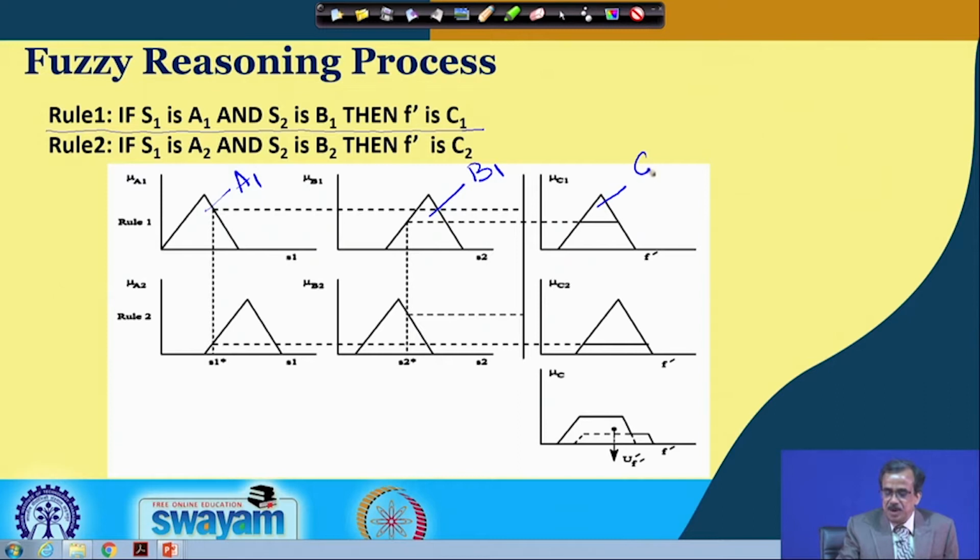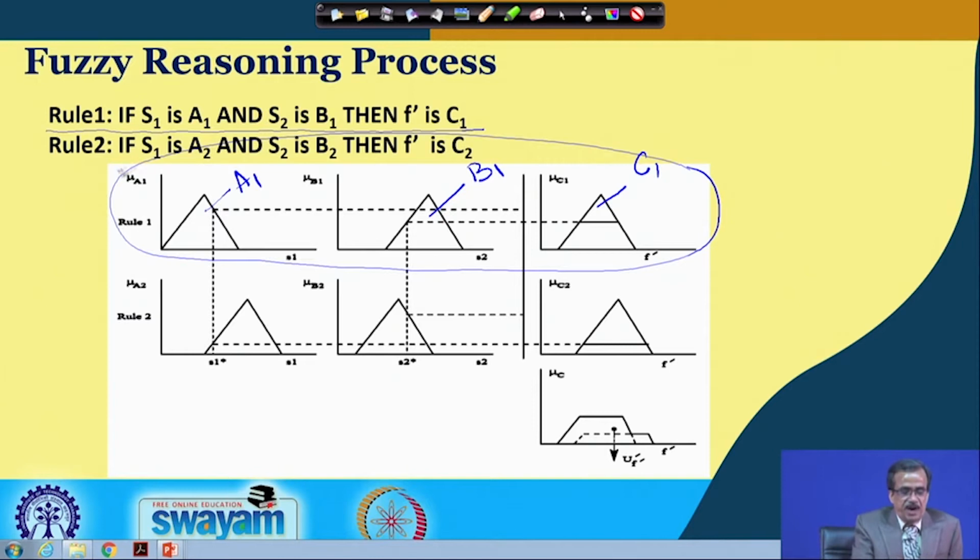This is the membership function distribution for the output. Let me repeat: if S1 is A1 and S2 is B1, then A prime, that is the output, is C1. So, this indicates the first fired rule.